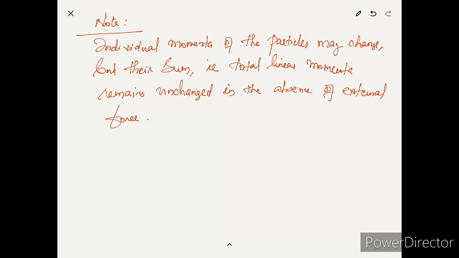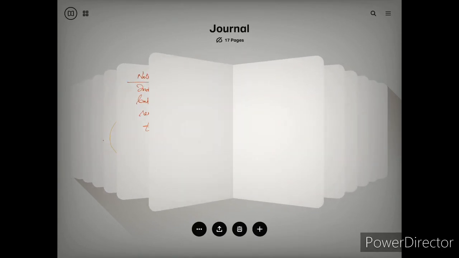Now using this law of conservation of linear momentum, let us consider an example. Consider a car of mass 1000 kilogram. This is a car of mass 1000 kilogram moving at a velocity 9 meter per second in the right direction.